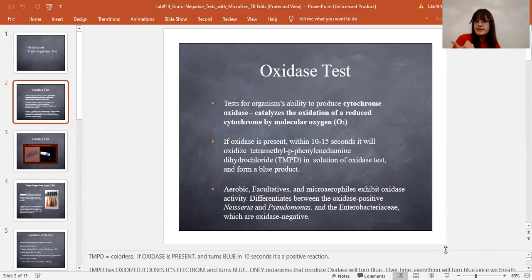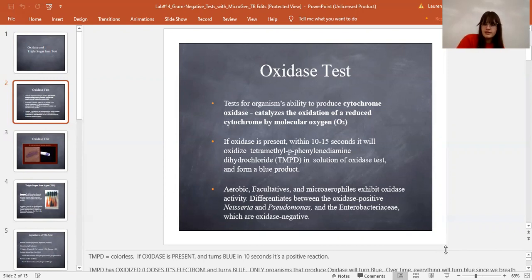The test tests for the organism's ability to produce cytochrome oxidase, which is the catalyst for the oxidation of a reduced cytochrome by molecular oxygen. That's a mouthful.